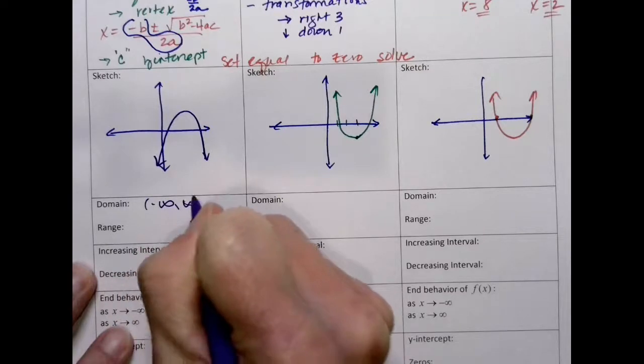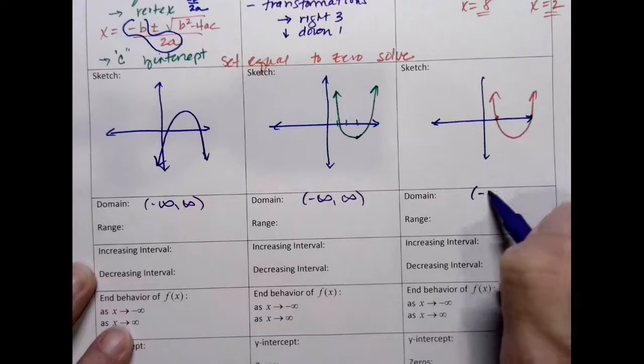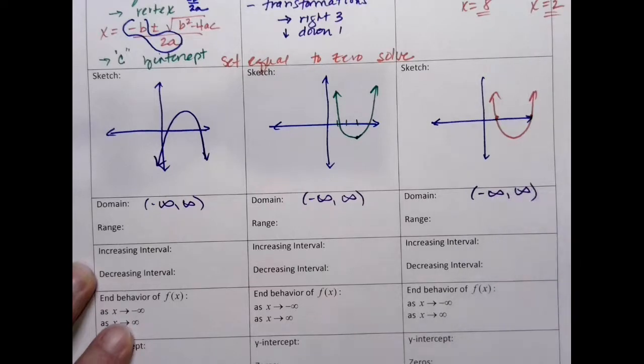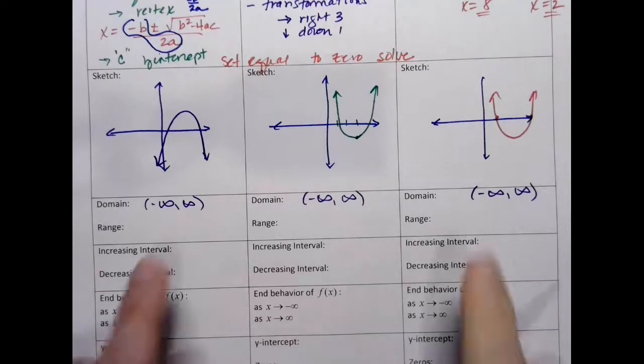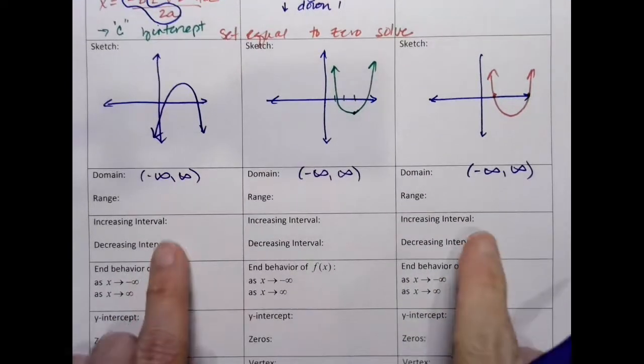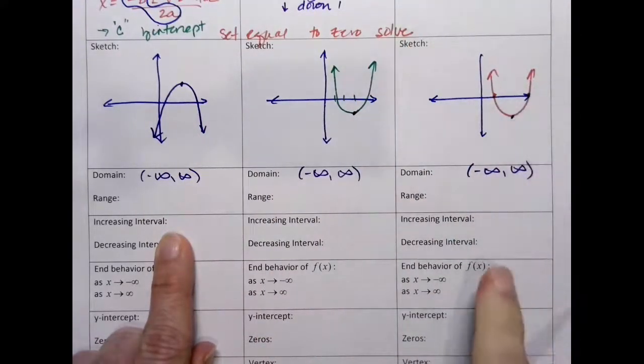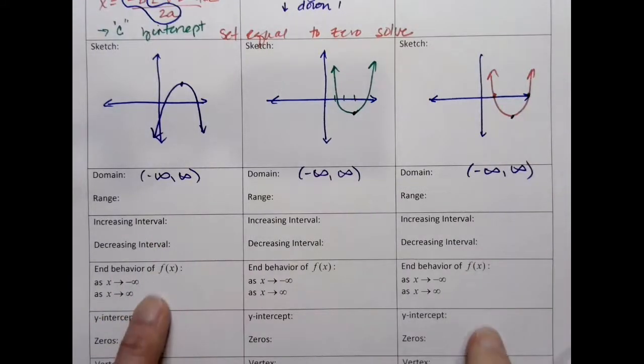So we don't need to look at the graph to see, because in a quadratic, anything can go in. We need to look at the graphs to see the range. For our increasing and decreasing intervals, we need this vertex to be able to see where the path changes. And our end behavior we can get just from looking at these rough sketches.